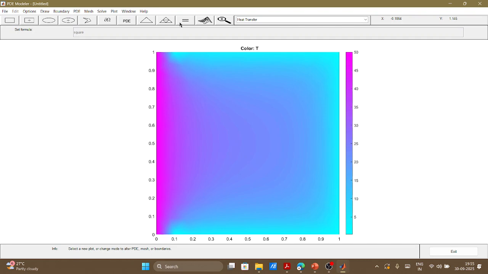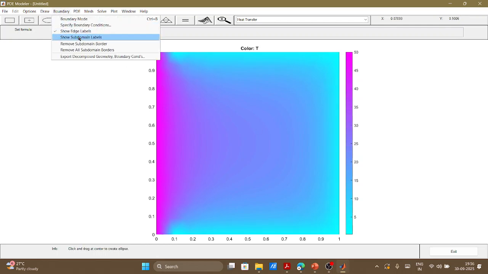so now I can see the gradient where my external temperature is going till 0. This should not happen. This is at 50 degrees centigrade. Let's look at the boundary condition again.